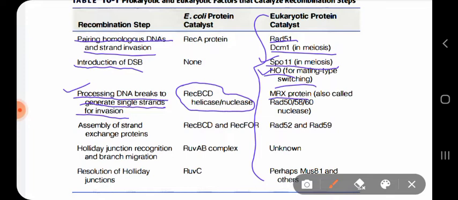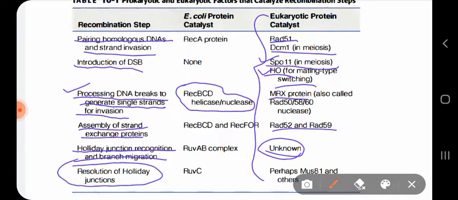The assembly of strand exchange protein is carried out by RAD52 and RAD59. Holliday junction recognition and branch migration is not known till now. And for resolution of the Holliday junction, perhaps Mus81 and other proteins are involved in cleaving that joint and resolving that Holliday junction.